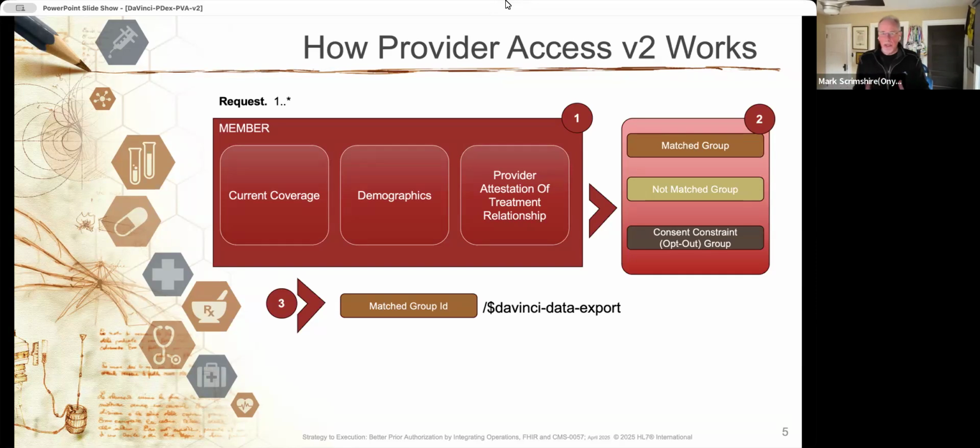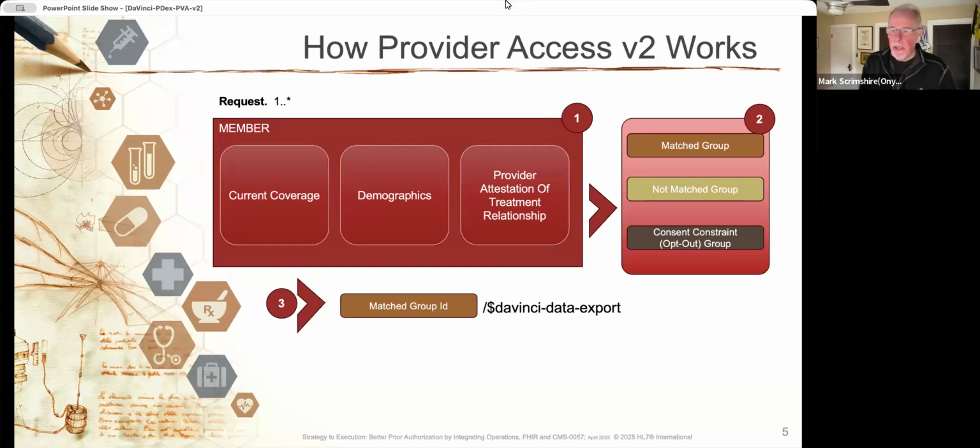Now, what this does, as the feedback we received, is it's much more closely aligned with the provider's mode of operation. Think of it as, here's the inquiry, here's a list of the members I'm seeing tomorrow or this week. So you have a limited number of members that are instantiated into that matched group.